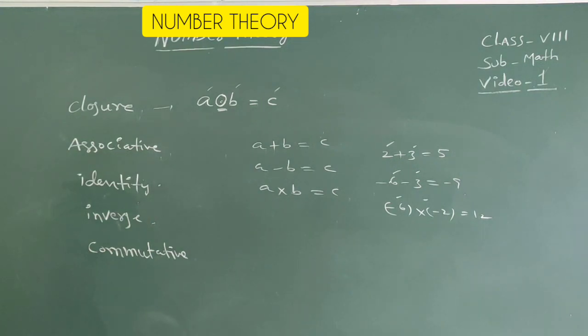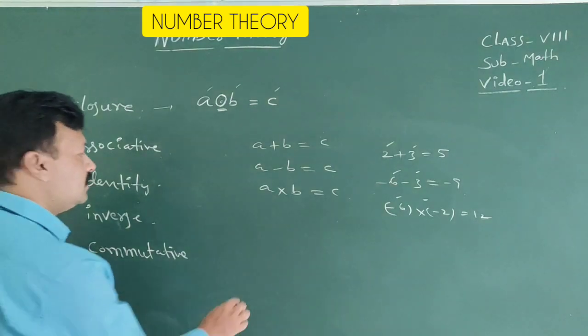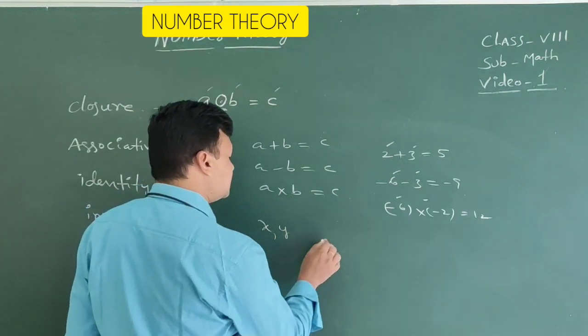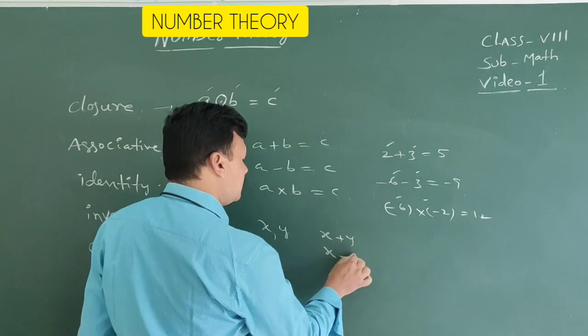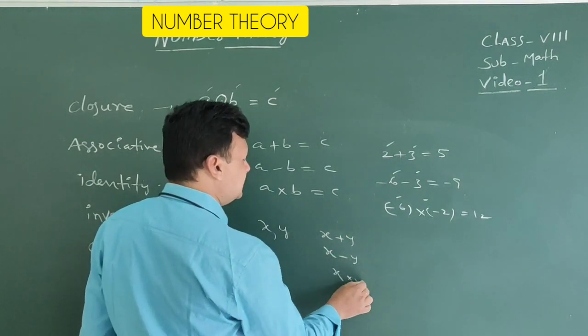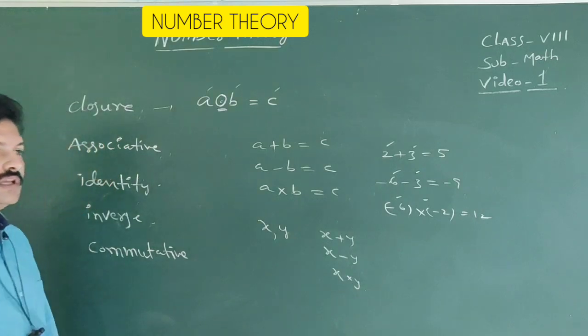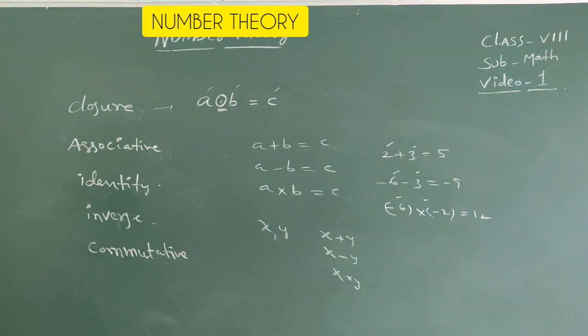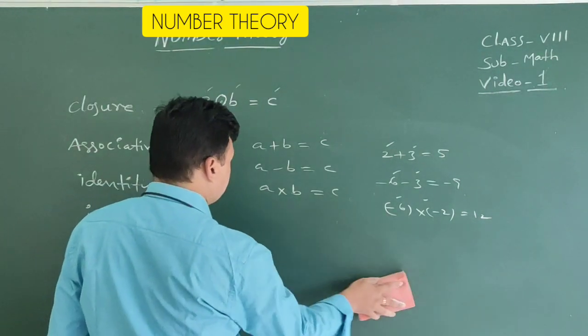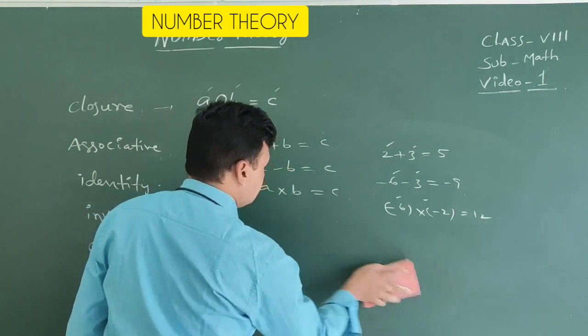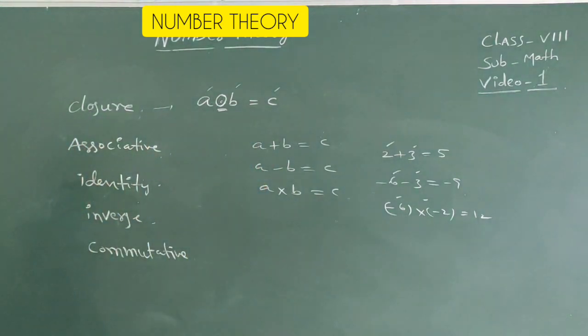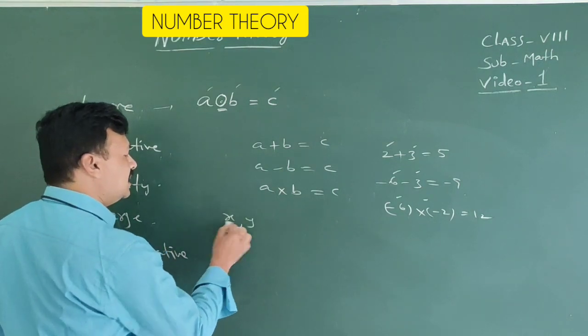If you subtract any two numbers, according to the law of trichotomy, three possibilities we have. x and y are any two numbers.